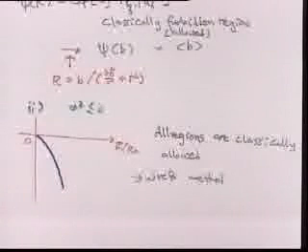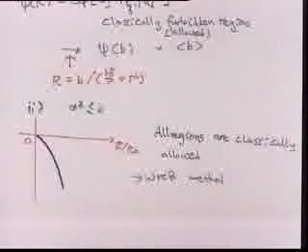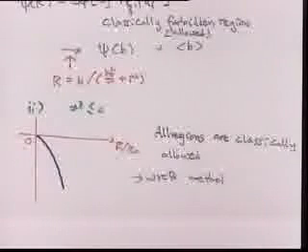The potential is given like this. In this case, all regions are classically allowed, so we can obtain the wave functions using a WKB method.